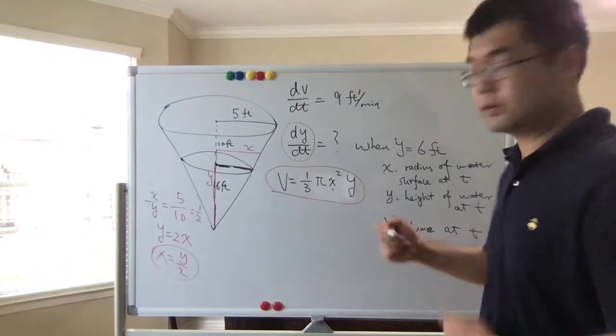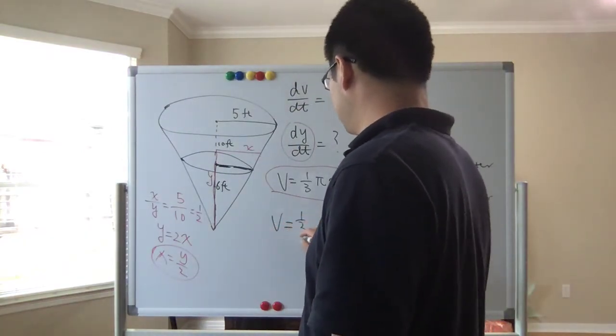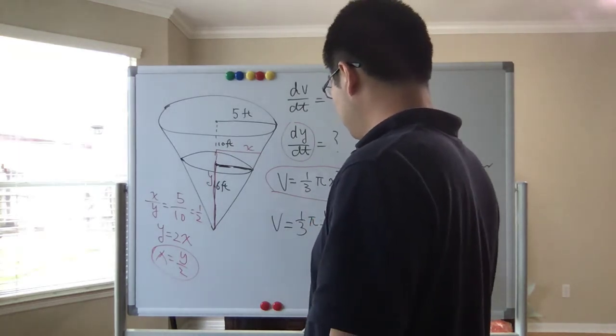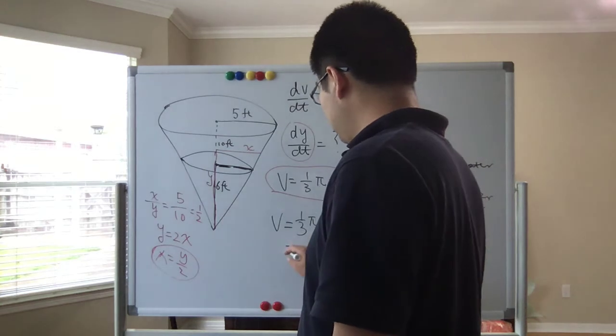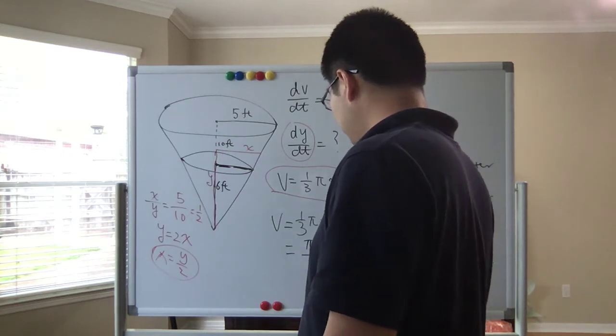So V is going to be 1/3 times pi times y squared over 4 times y. That gives us pi y cubed over 12.